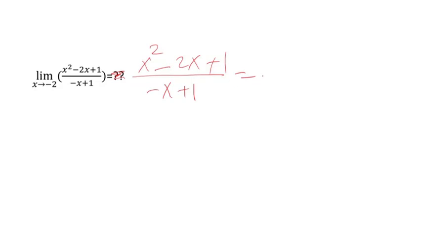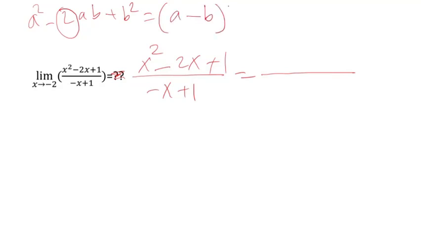If I notice here, this is another identity in the form of a squared minus 2 times a times b plus b squared, which is the same as a minus b squared. So I'm going to try to write this in the form of this.